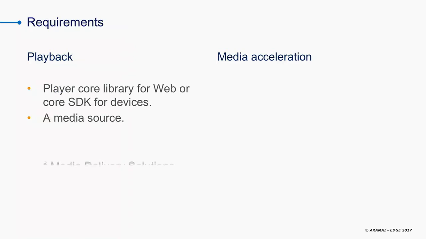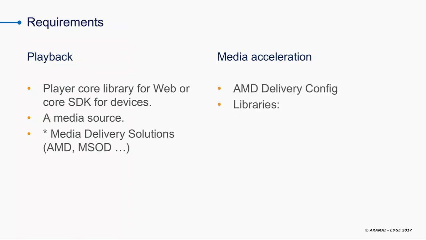First things first, I'm going to let you know that for this sample, we will need the basic player core, or the library, or the JS file, whatever you want to call it. And for the SDKs, we will need the player core component. And of course, we're going to use any media source.